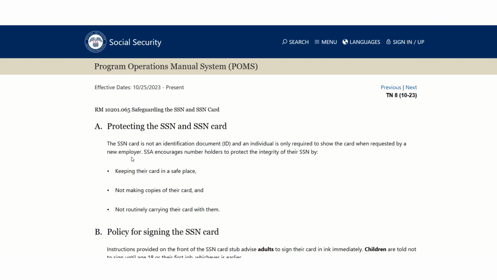So, for purposes of recognizing a Social Security card and number as not being an identification document, we could cite this. All right. So when a creditor asks us for a Social Security number and card, they can't say, "Oh, we're just using this for identity purposes."